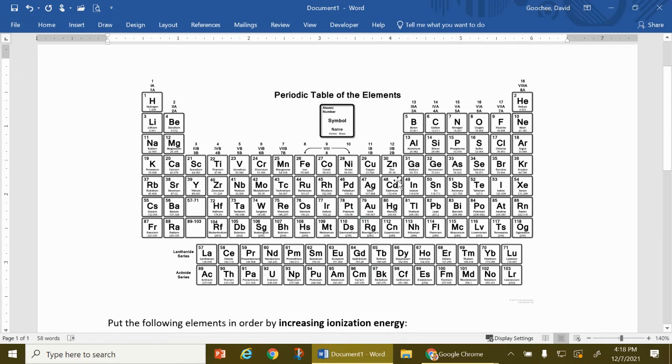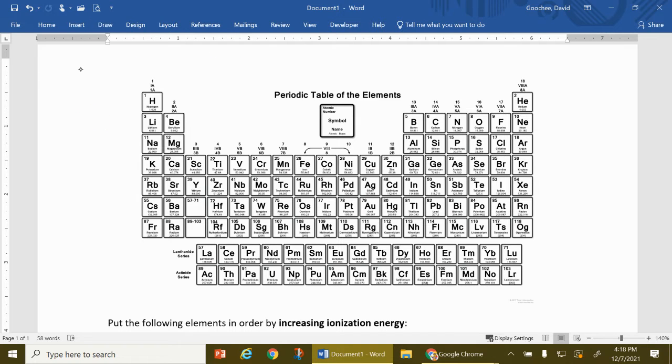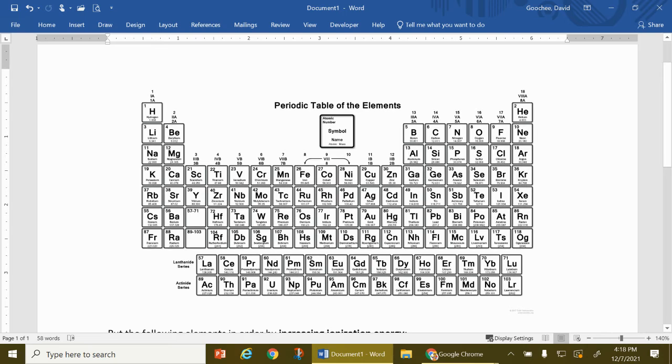As we recall from class, the major trend on the periodic table is this: on the upper right corner of the periodic table, you have elements that pull on electrons strongly.